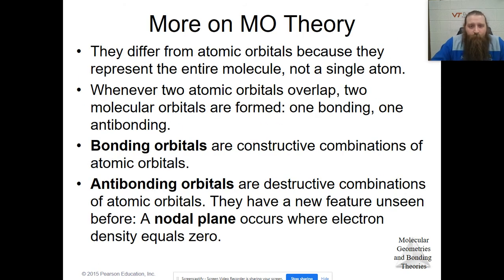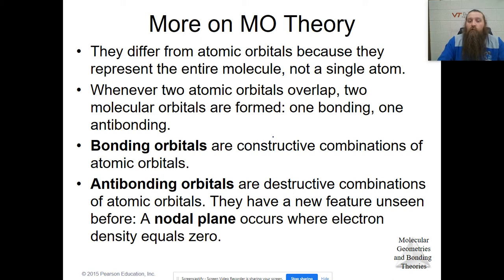They are different from atomic orbitals in that they can talk about an entire molecule, not just an atom. When we're doing 1s2, this is helium. We're just talking about one atom. With molecular orbital theory, we can talk about the entire compound, a whole molecule. If you have 2 overlapping atomic orbitals, then you make 2 molecular orbitals.